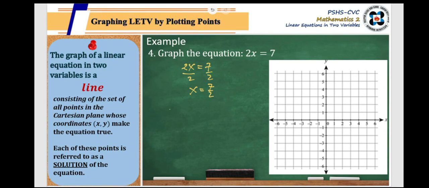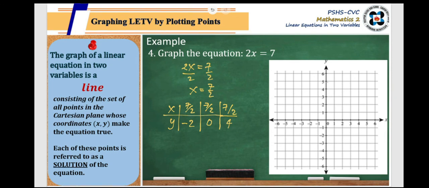So for our table, we have x equals 7 halves. Then we can pair it with another value for y, so let's say negative 2. Okay. So another pair can also be 7 halves paired with 0. And then another one, we can have the point 7 halves, 4.